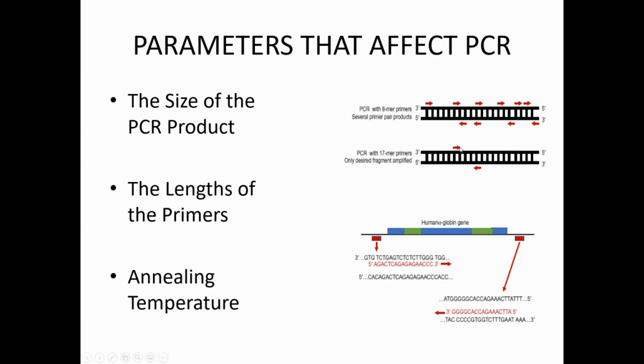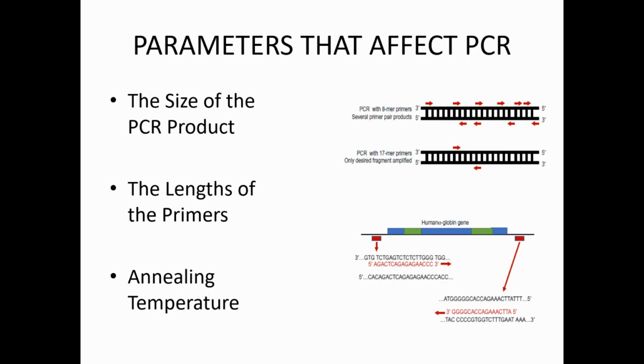That will reduce the non-specific binding. If you compare an 8-nucleotide primer to a 17-nucleotide primer, the short one will have more non-specific binding. So the length of the primer is also important to increase the specificity.